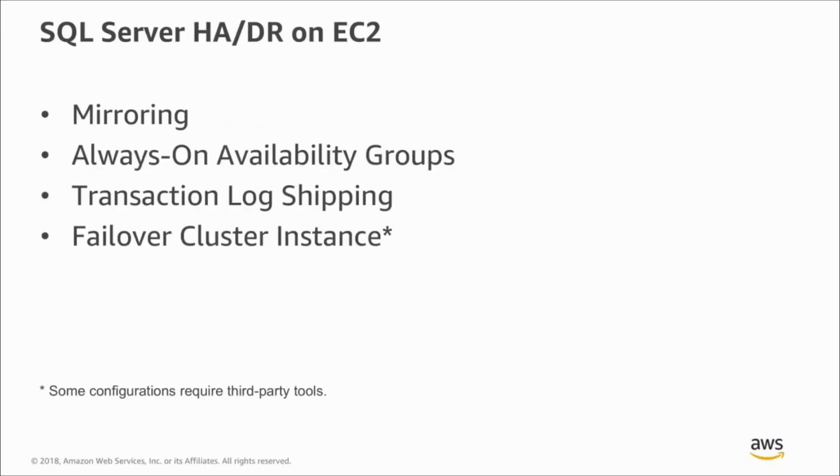This also gives you multiple options for setting up high availability and disaster recovery on SQL Server. You can use mirroring, Always On availability groups, or transaction log shipping, and we even see some customers use failover cluster instances. When using a failover cluster instance, oftentimes you'll have to use a third-party tool, as EBS volumes can't be shared across instances.